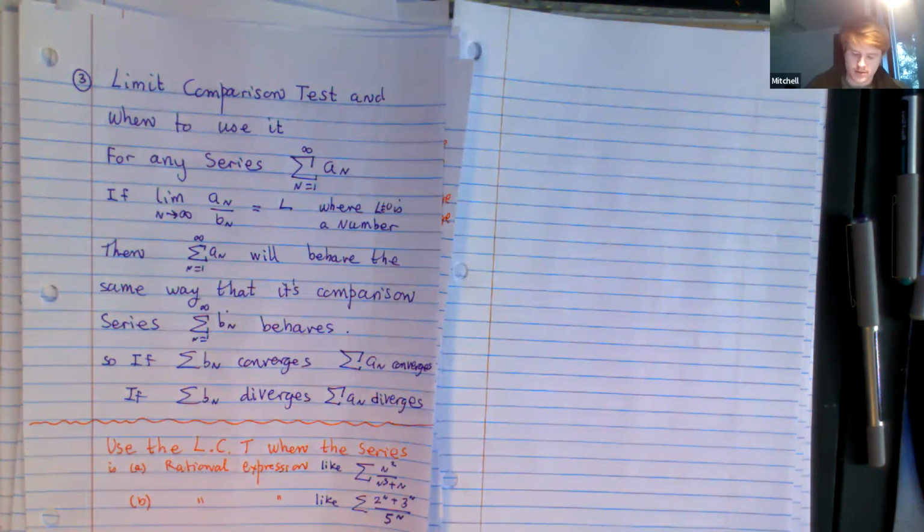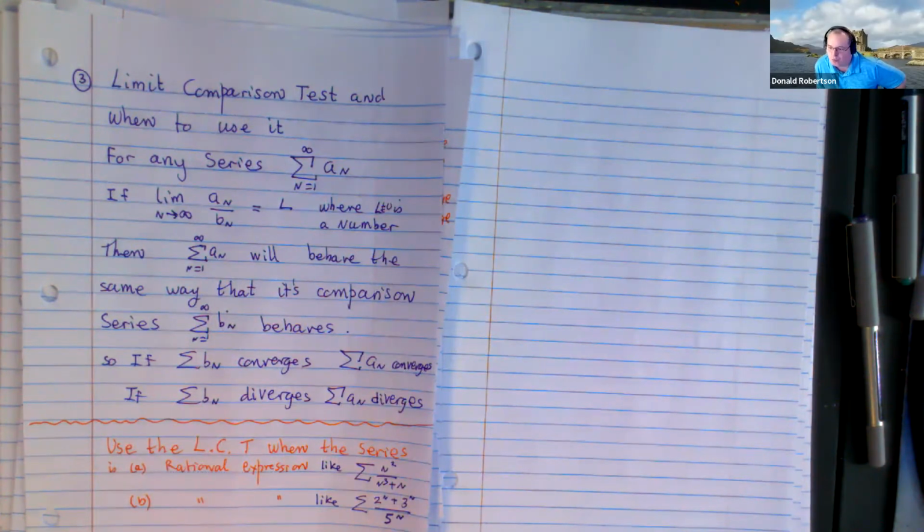In my experience, half the time you will pick a good comparison and get the right answer, but half the time you pick a bad comparison and get the wrong answer.